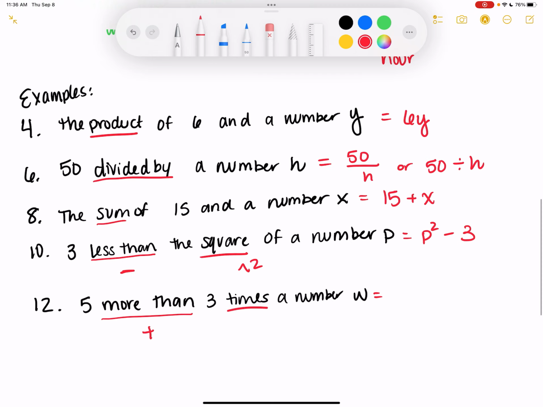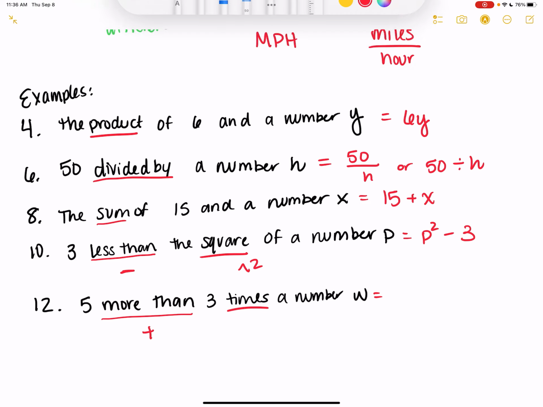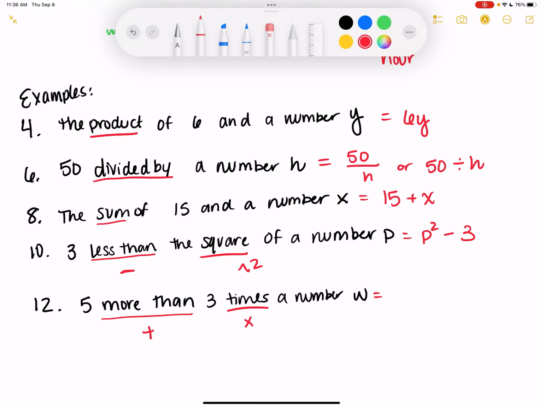So what does that mean? Multiplication. Okay. So 5 more than 3 times the number w. So how do you think I would write this one? 5 plus 3 times w. Yep. 5 plus 3 times w. And if you had written it as 3w plus 5, that would also be okay. Those both mean the same thing.